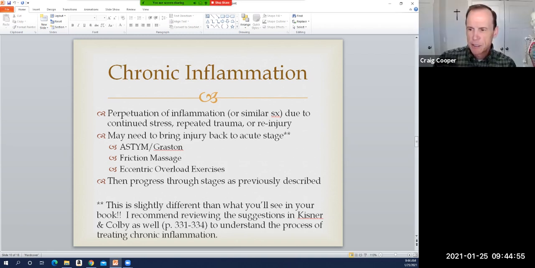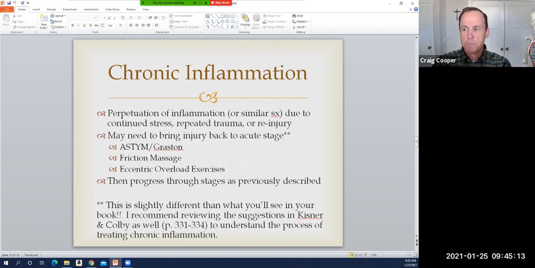So the techniques listed here on these indented bullet points, A-stim and Graston, are both kind of aggressive scraping-type techniques where we use an implement to try and target scar tissue and adherences to break it apart.